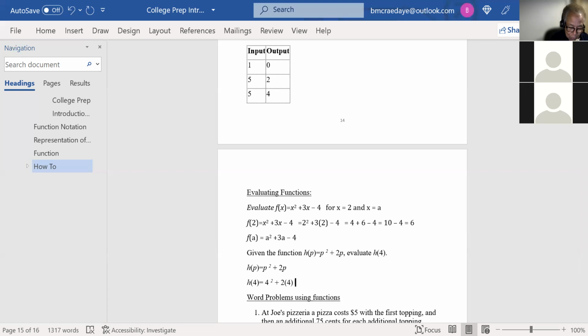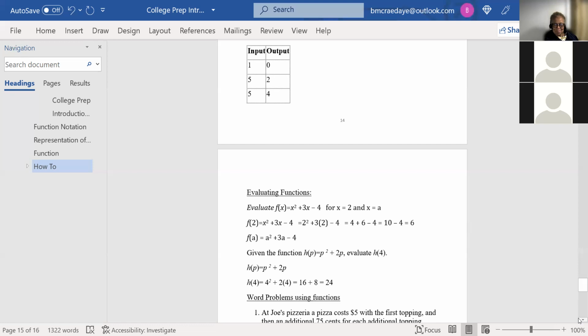What's 4 times 4? 4 squared is 4 times 4, not 4 plus 4. 16. 16 plus 2 times 4, 8. And what's 16 plus 8? 24. That's correct. See how you're getting it?